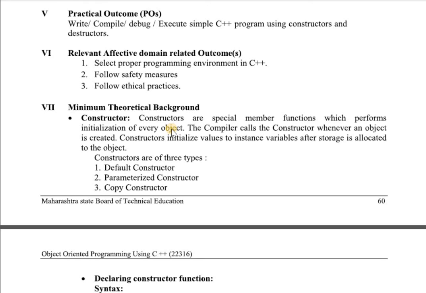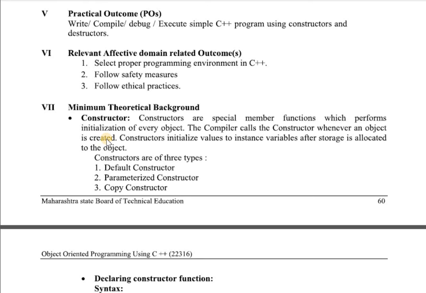Constructor performs the operation. That means the constructor initializes the object of its class. The compiler calls the constructor whenever an object of that class is created.